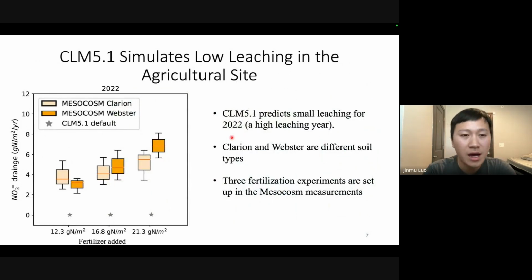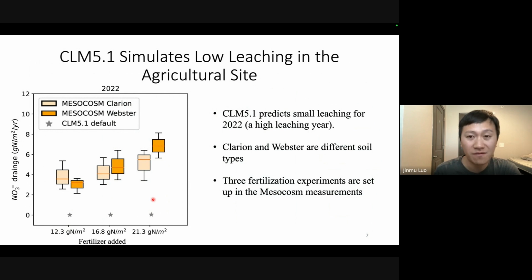Here's the primary result I obtained by comparing the CLM 5.1 default model with the mesocosm observations. In this graph, the x-axis is the different fertilization experiments, with fertilization increasing from 12.3 to 21.3, and the y-axis is the yearly accumulated nitrate drainage. The bars are the measurements from the mesocosm for two different soils, Clary and Webster, and the gray stars are the simulations from CLM 5.1.